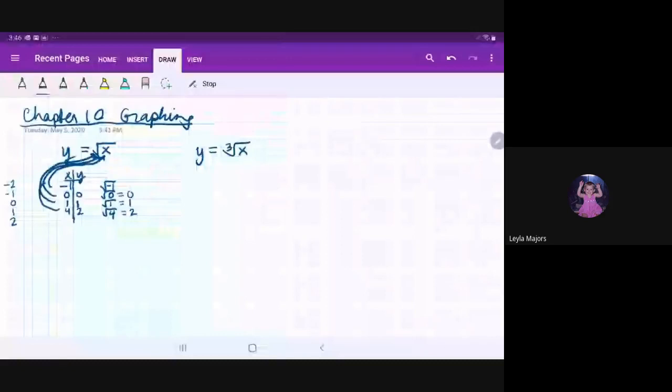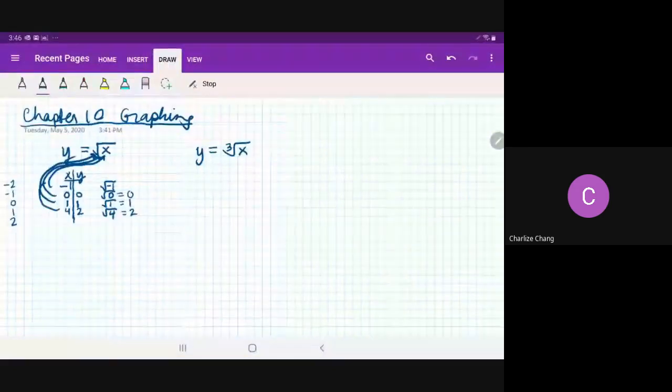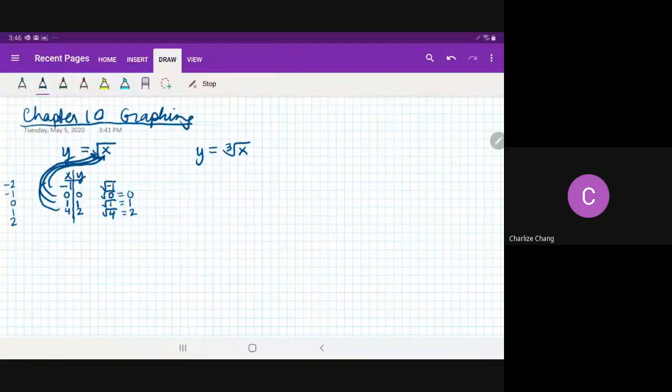Now, square root of -1. What's the square root of -1? 1. 1 times 1 is 1. How do I get the negative? So it's a good answer, but not quite right. -1?